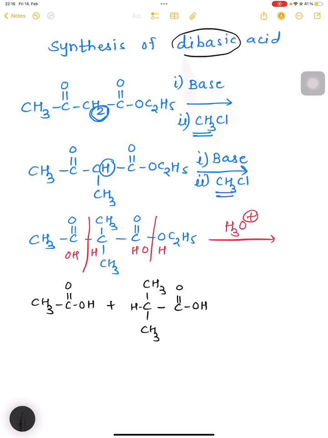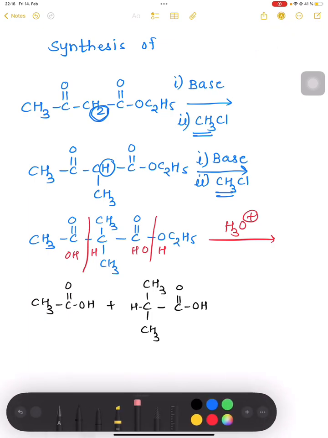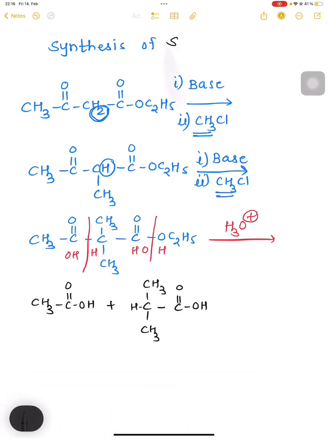So here we are producing a substituted acid.